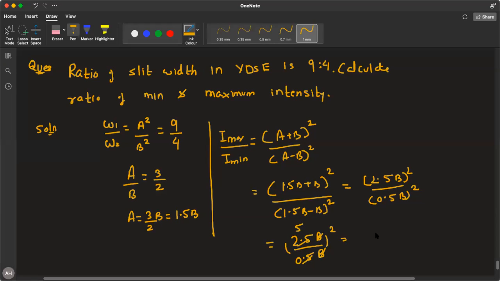You will get 5. So it's 5 square by 1, which is 25. So this is the ratio, 25. Sania, you have written 1 by 25. That's the ratio of minima to maxima. I need maxima to minima, so 25 by 1. Amalia, is it clear now? Yes, sir. Okay, just note it down.